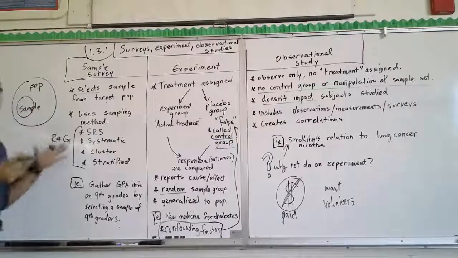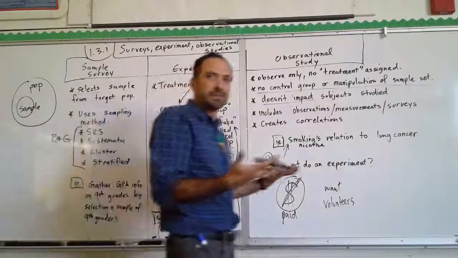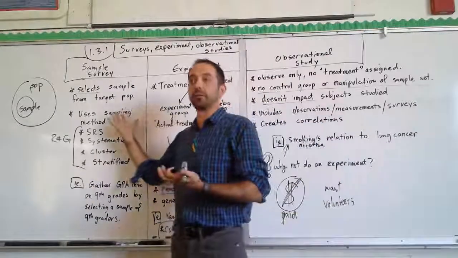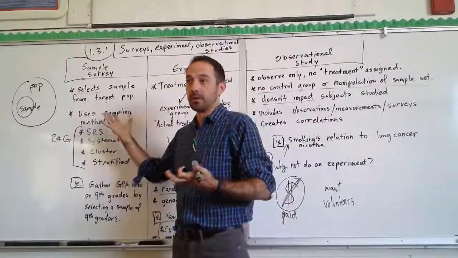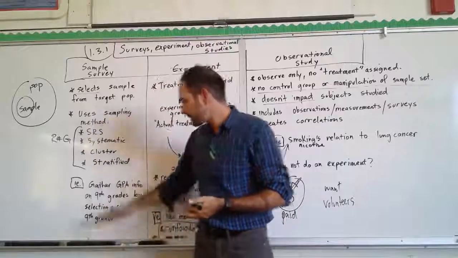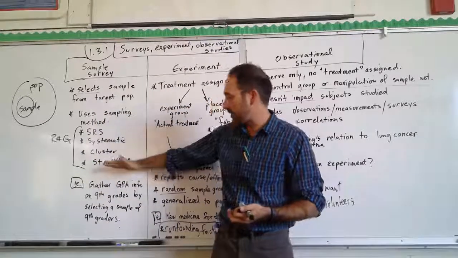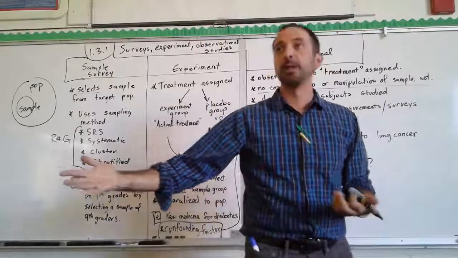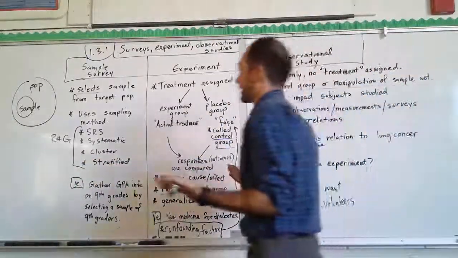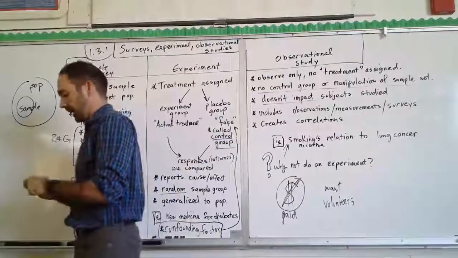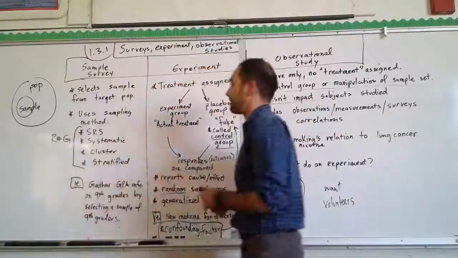Today is about what to do, what's next. Maybe you just give them a survey, and that's the real basic thing we've studied, right? For instance, gathering GPA info on 9th graders by selecting a sample of 9th graders. So I create a sample. I'm actually just interested in 9th graders, so I can say from the beginning, I'm going to create a sample.